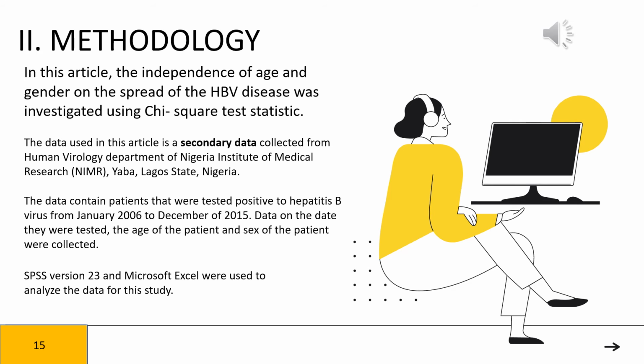So with that, in the article that I have studied, they investigated the independence of age and gender on the spread of the HBV disease through the chi-square test statistics. The data were secondary, collected from the Human Virology Department of the Nigeria Institute of Medical Research, or the NIMR, from Yaba, Lagos State, Nigeria, and it contains those patients who tested positive from January 2006 to December 2015.